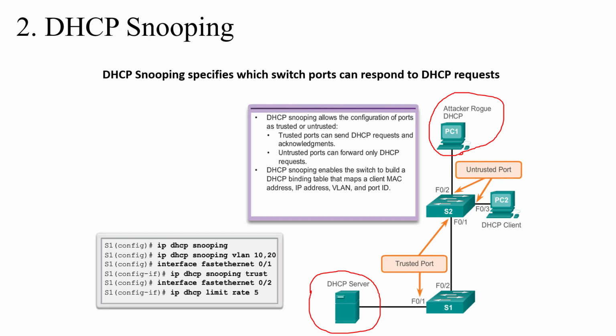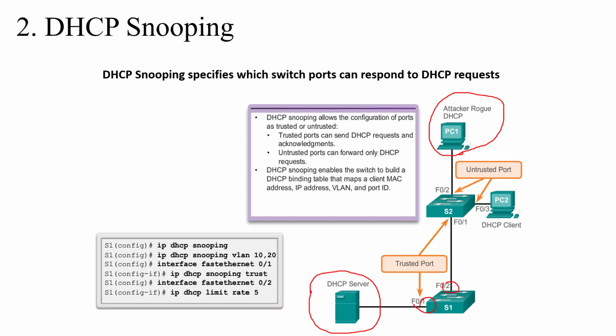So what you can do is configure the ports: which port is going to respond to the DHCP request, and which port should not respond.